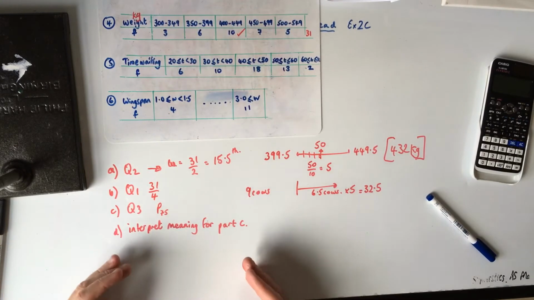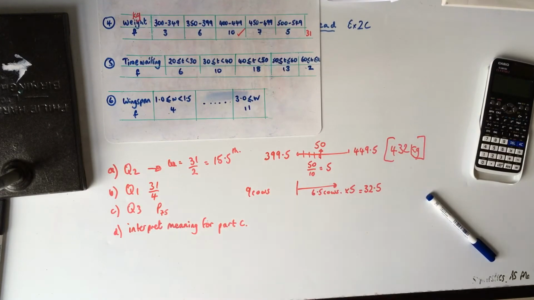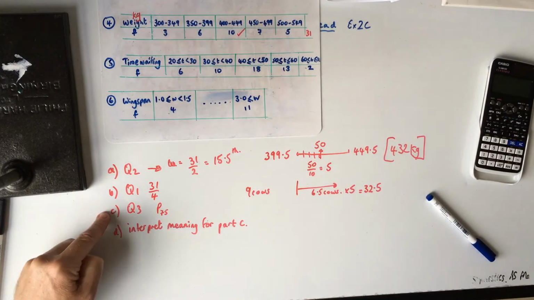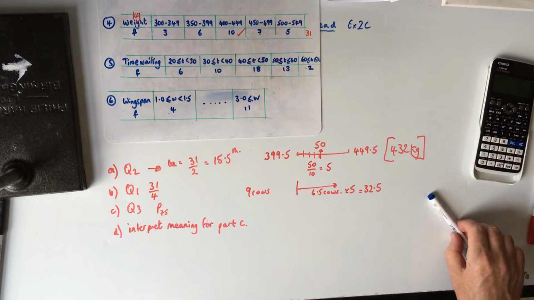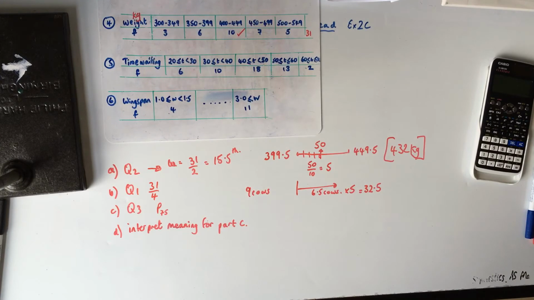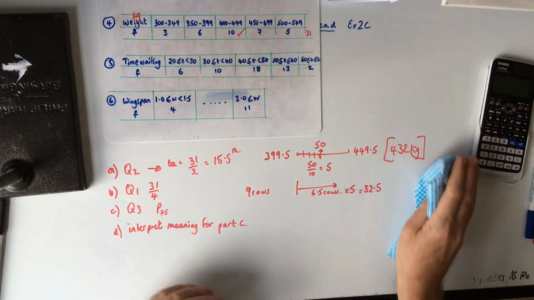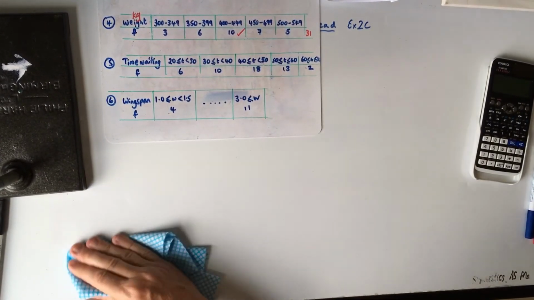Or you're saying there are only 25% of the cows that are bigger than that particular weight, the quartile 3. That's all you have to put for that. That's what the meaning is. So that is the first part of question 4a. So I'm sure you can go on and do the rest yourself. Message me if you can't.